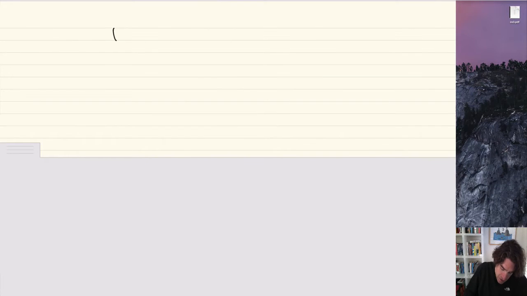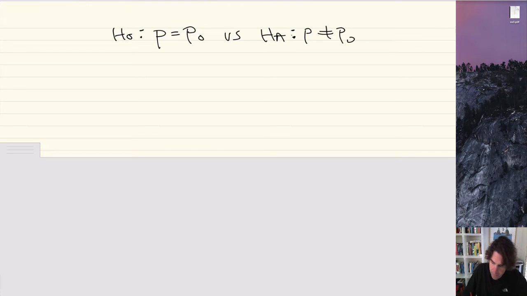Now let's suppose that we're testing a hypothesis about a proportion. So suppose that the null hypothesis, H0, is that the proportion P is equal to some value P0 versus the alternative hypothesis that P is not equal to P0.